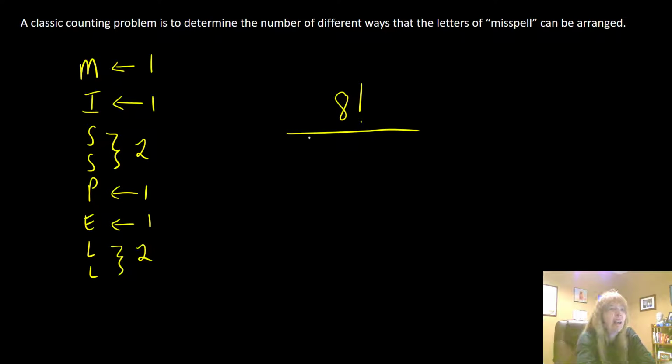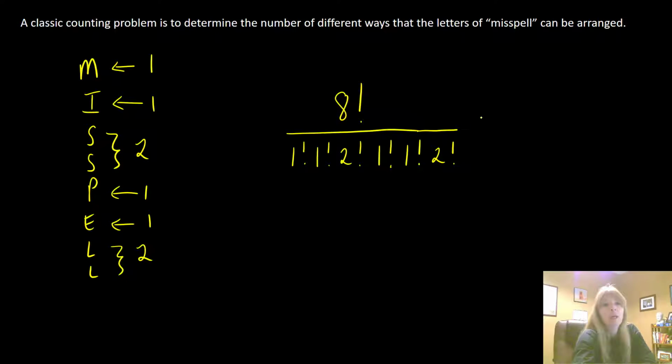And you don't really have to write each one of these down, because you know 1 factorial is just 1, but just to show it. So there's the M, the I, the S, the P, the E, and then the L. Okay, and remember, factorials mean 8 times 7 times 6 times 5 times 4 times 3 times 2 times 1.